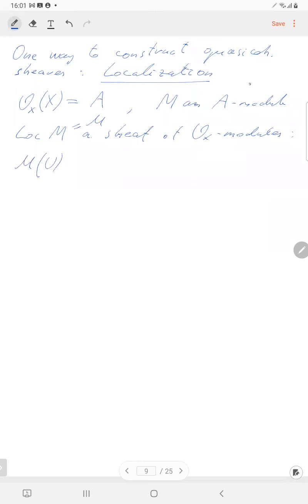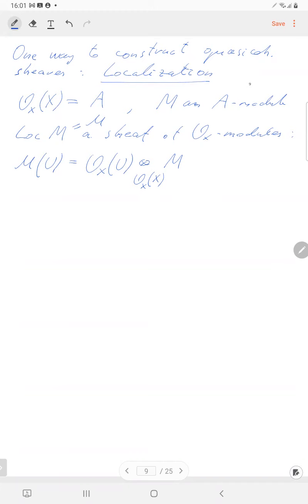M(U) is the sections of the structure sheaf over U, tensored over global sections with M. You see that the global functions act on M by our assumption, but they also act on the local functions by restriction, right? So you can do this, and this will be a quasi-coherent sheaf.